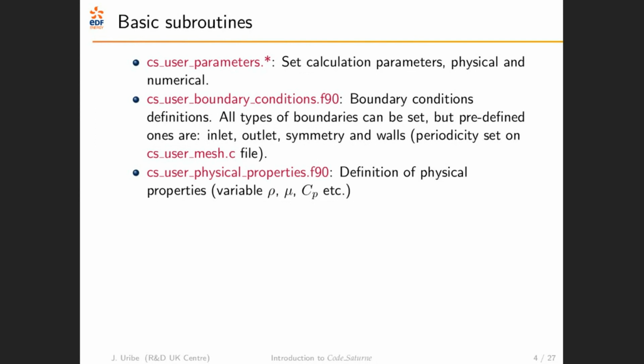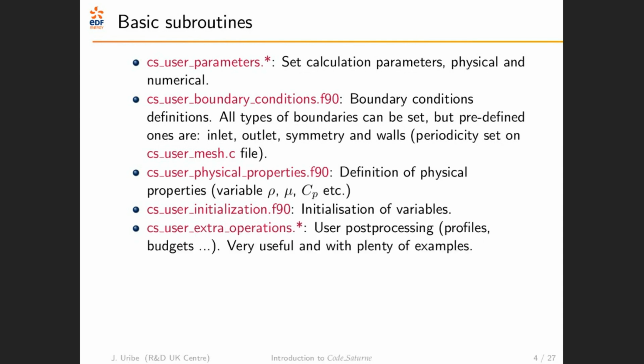You have also cs_user_physical_properties, which is what we're going to use in the next tutorial to change properties in the domain. So this can change because of temperature, for example, or as you will see in the tutorial, we're going to change the properties depending on the material. cs_user_initialization, obviously, is the same as well.